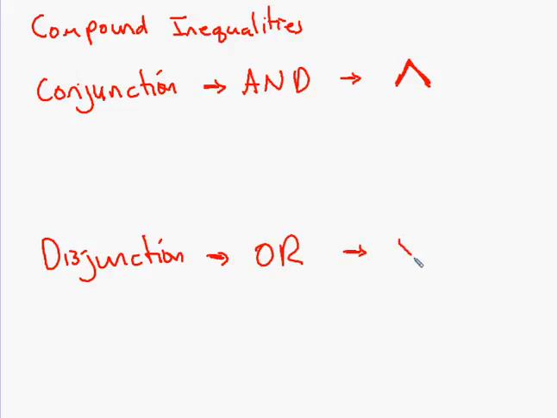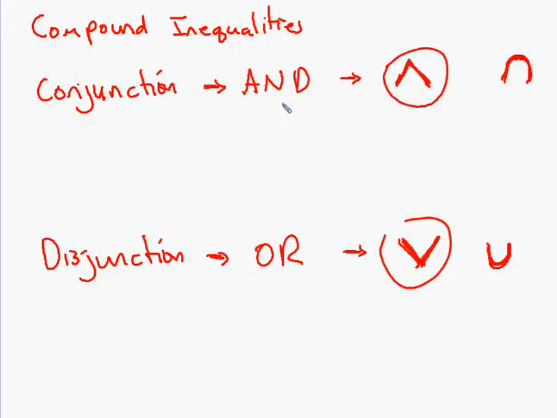And depending upon the situation, you might see, just so that we talk about it, this symbol means intersect. This symbol means union. So those are similar, but for the most part, we'll have these. Or I think your book actually uses the actual word there. So conjunction, and.